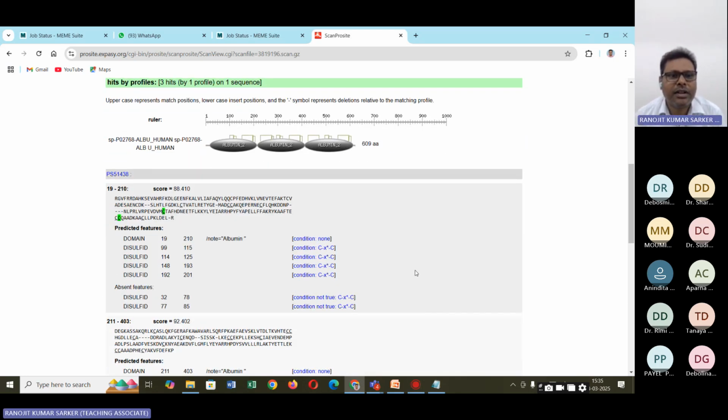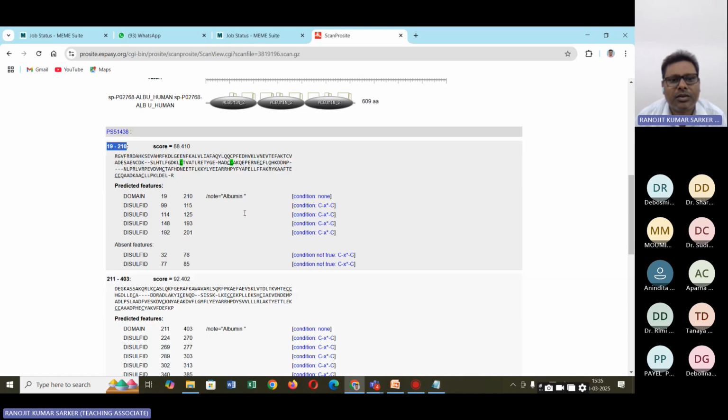If you go into the details of this domain, it will show you the prediction score. This is from position 19 to 201. This is the position of the disulfide bonds.